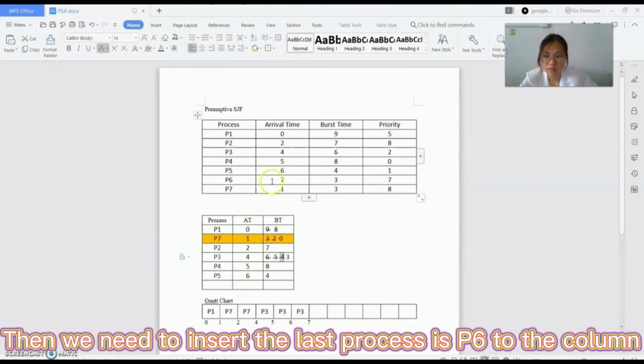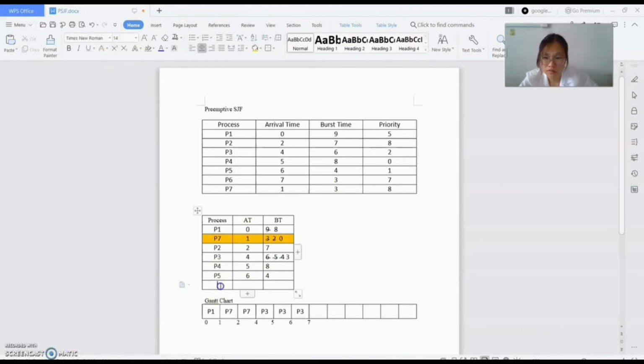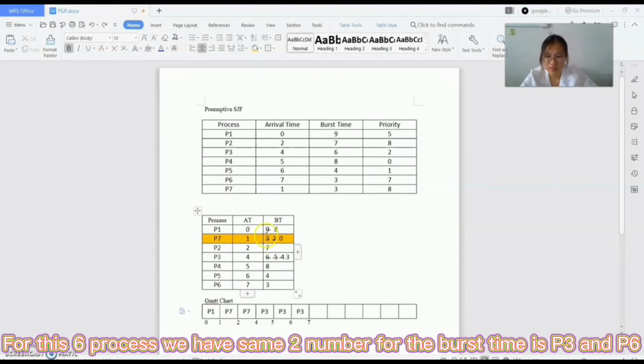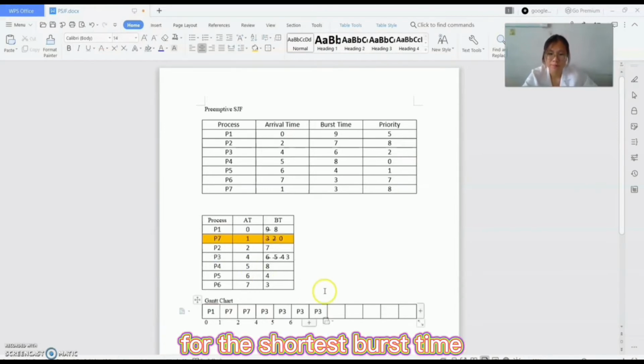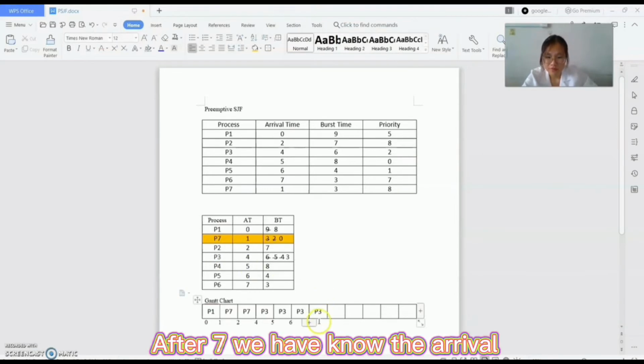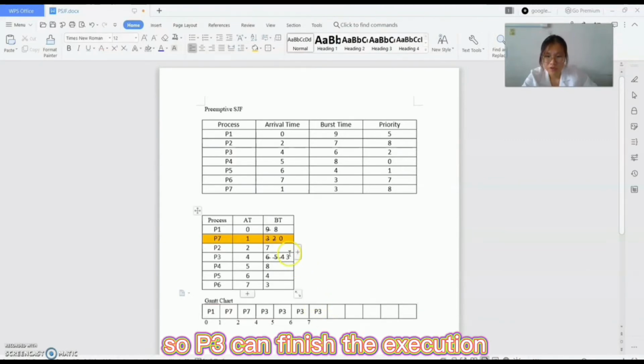Then we need to insert the last process, P6, into the column. For these 6 processes, we compare the burst times of P3 and P6. We choose P3 for the shorter burst time. After 7, we have no more arrivals, so P3 can finish execution.